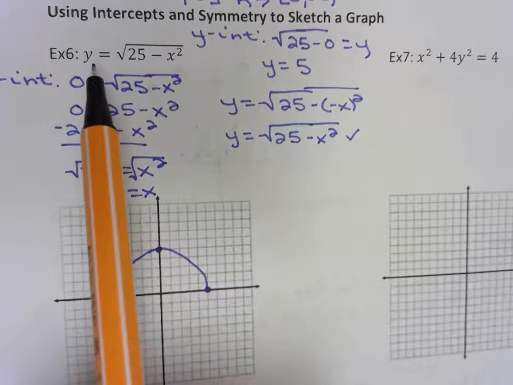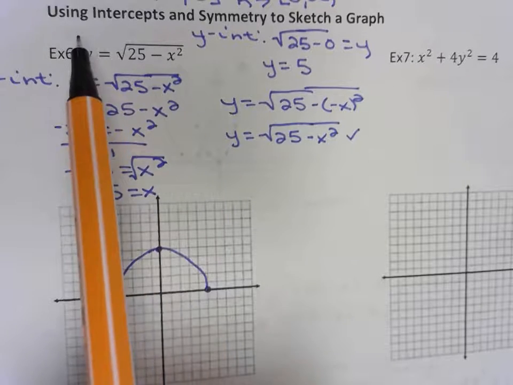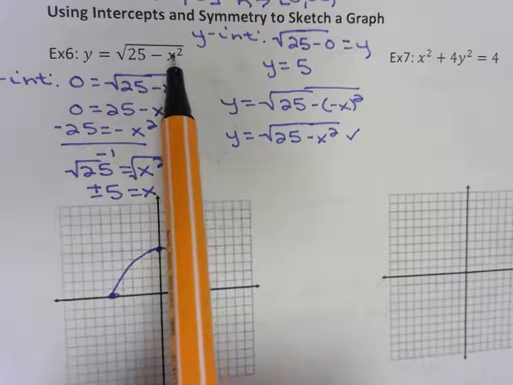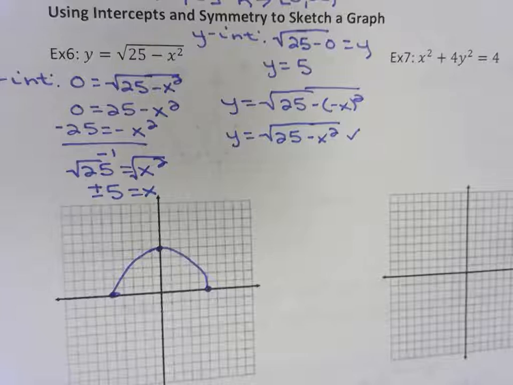But what one thing could I do to the original that would make it look like a circle, or part of a circle?